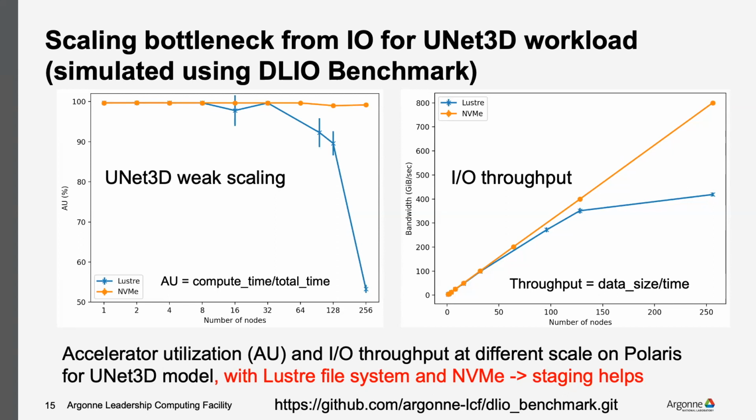The sample sizes are very large, and when I scale it up to 100 or 200 nodes on Polaris, I found that the I/O throughput is limited by the theoretical peak bandwidth that can be provided by the Lustre parallel file system on Polaris. So after I scale up to 100 nodes, it's already hit the bottleneck that Lustre can provide. So that caused the scaling efficiency to drop.